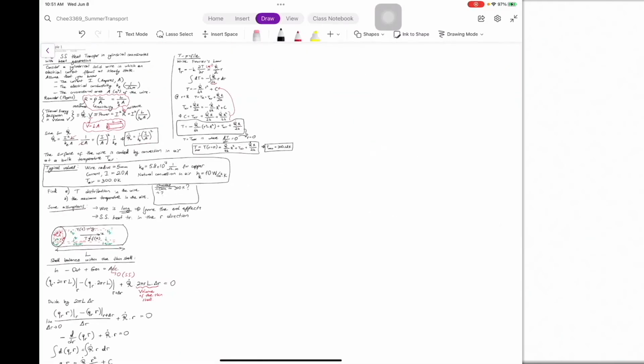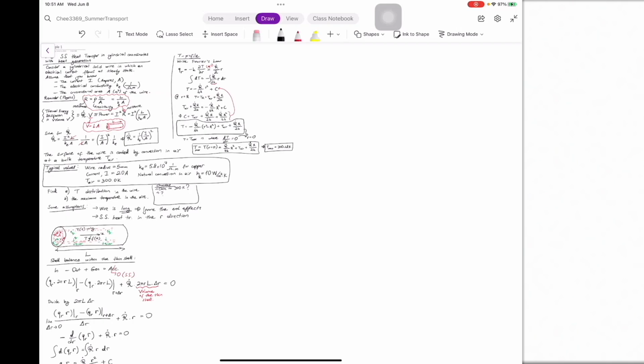Basically we derived the temperature profile and the heat flux equation in cylindrical coordinates, where you have heat generation in a wire, and we refreshed our knowledge about Ohm's law, the power generated due to electricity, and so on.